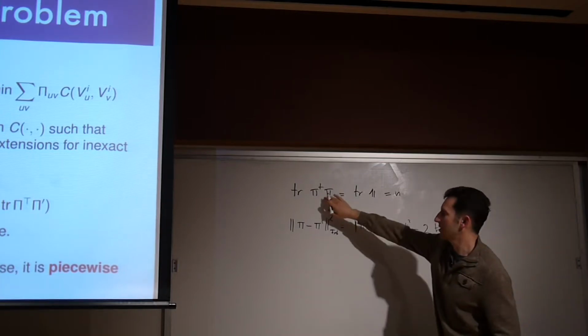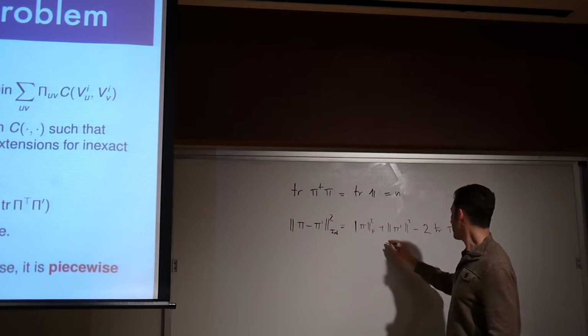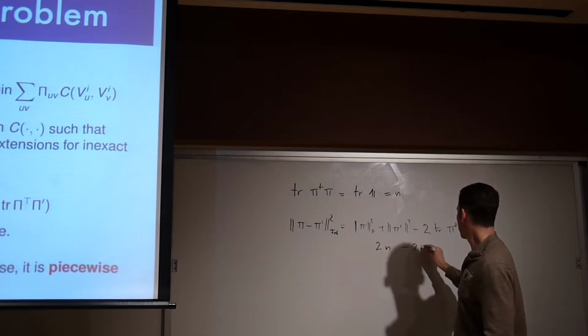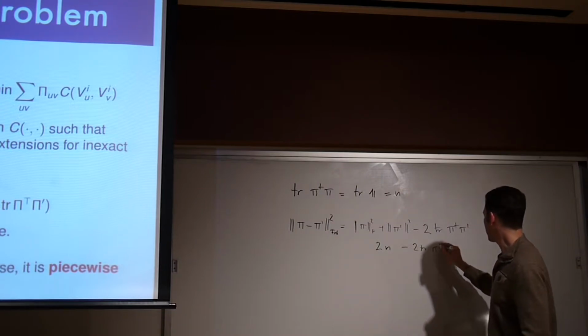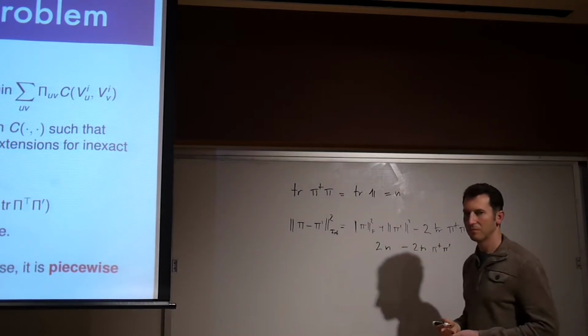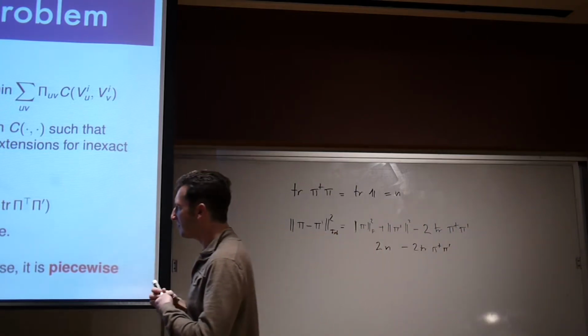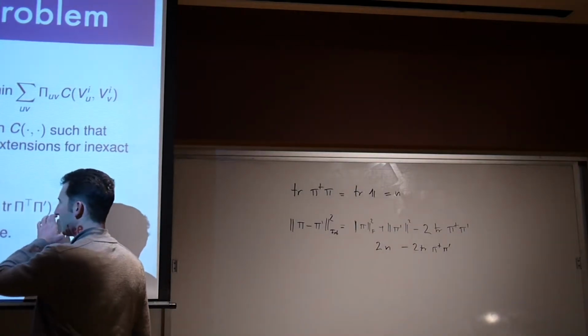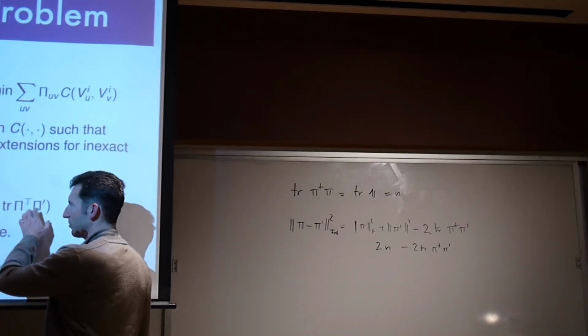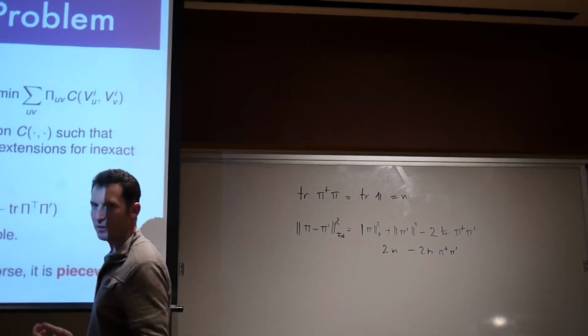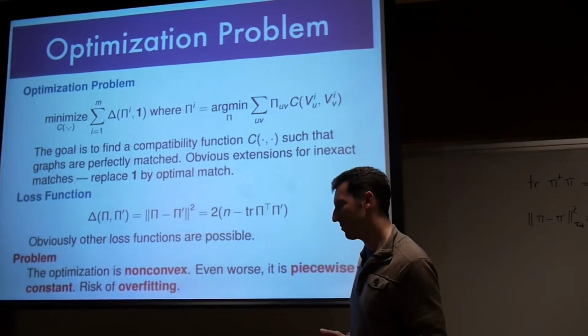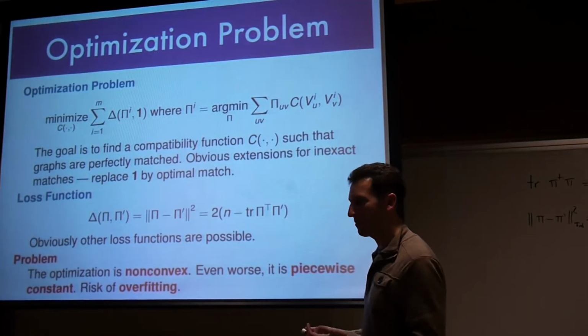Now this is exactly this piece up here, so that's why we get 2n minus 2 trace of pi transpose pi prime, which is what we have. So this is going to be our loss function that measures how well we do. It just basically counts how many pairs we get wrong.